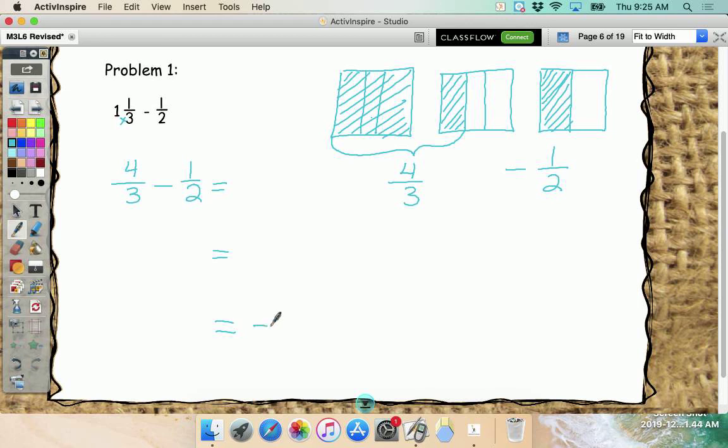Now we solve it the same as yesterday. So common denominator for 3 and 2. Let me pull a stick. Lillian? 6.